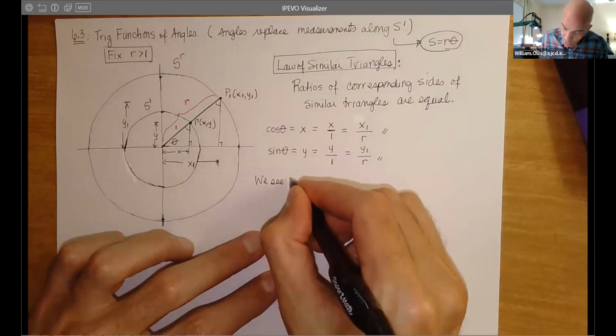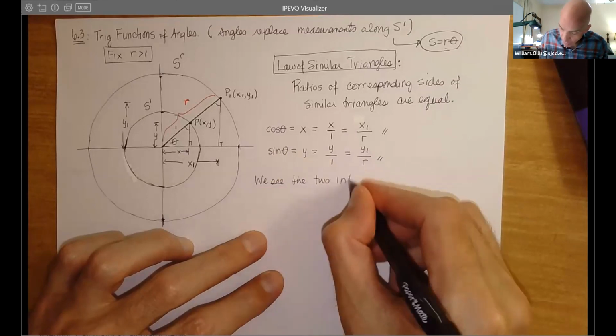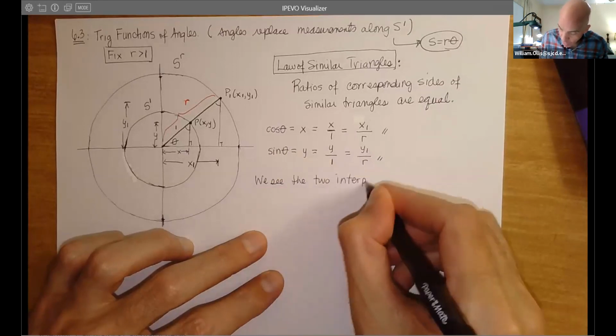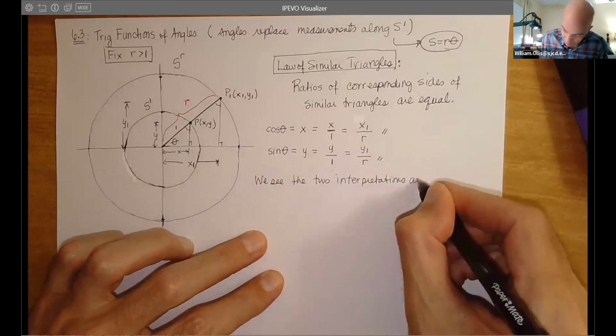So now we see the two interpretations are equivalent.